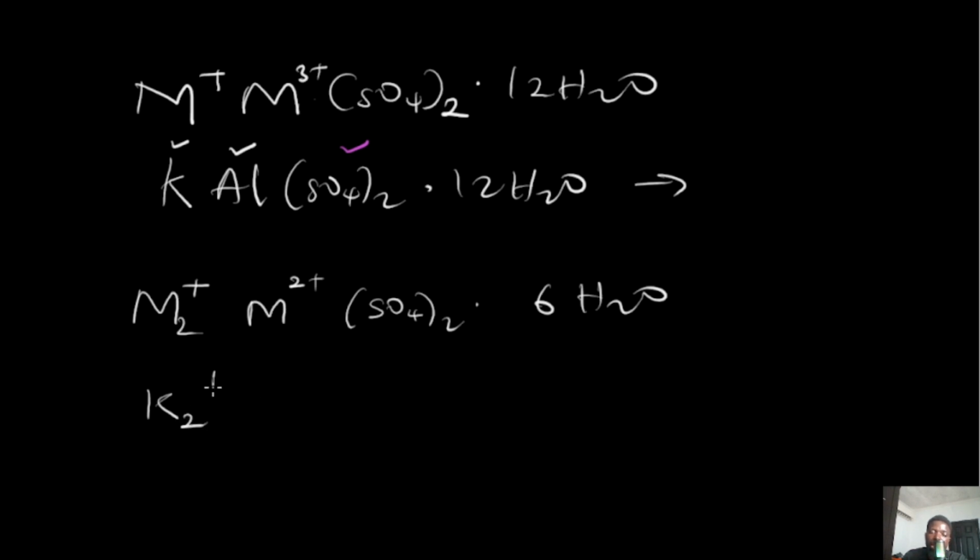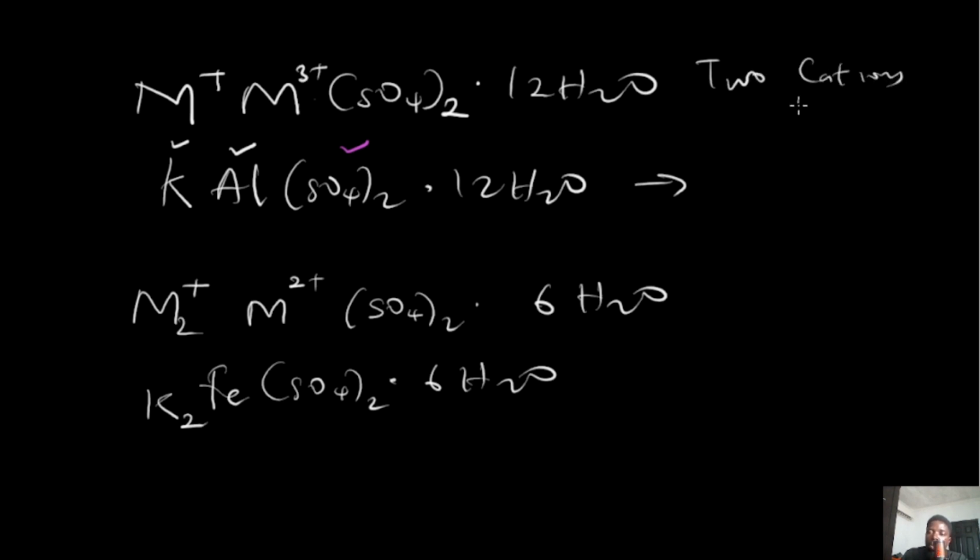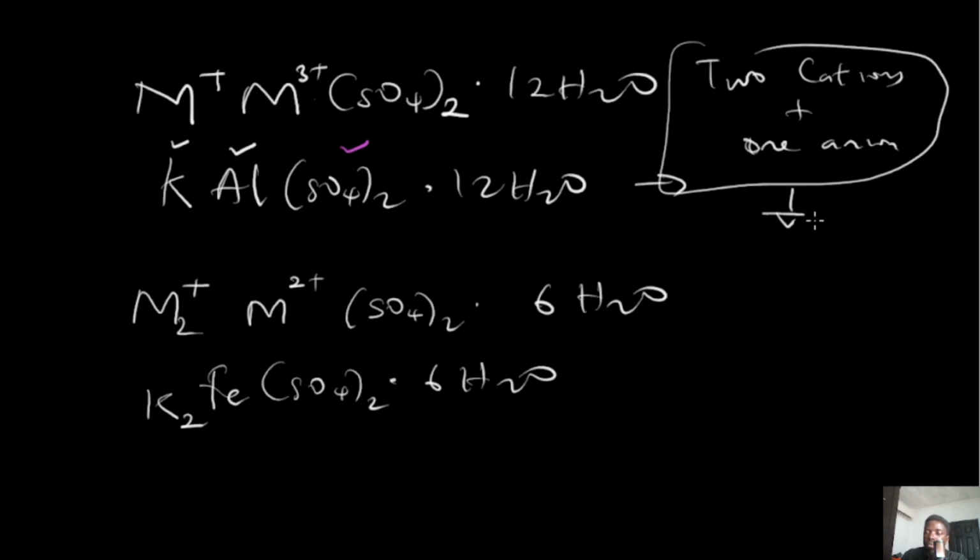Then I think of a divalent metal ion and then put SO4 bracket 2, and once this is done I should have 6H2O. So that's that. Basically this is just a general concept: 2 metallic ions or 2 positive ions, 2 cations plus 1 anion will collectively give us a double salt.